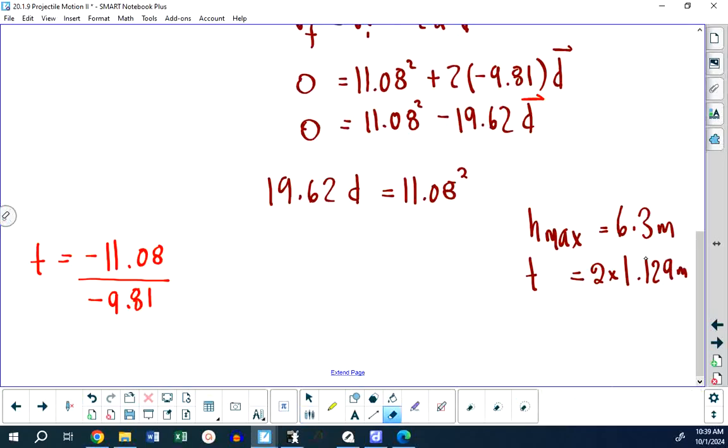Now I wrote meters there. We're going to catch that in a second, or I'm going to catch it. It's actually seconds. And that gives a total time up and down of 1.129 seconds up and 1.129 seconds down, gives approximately 2.26 seconds in the air total.